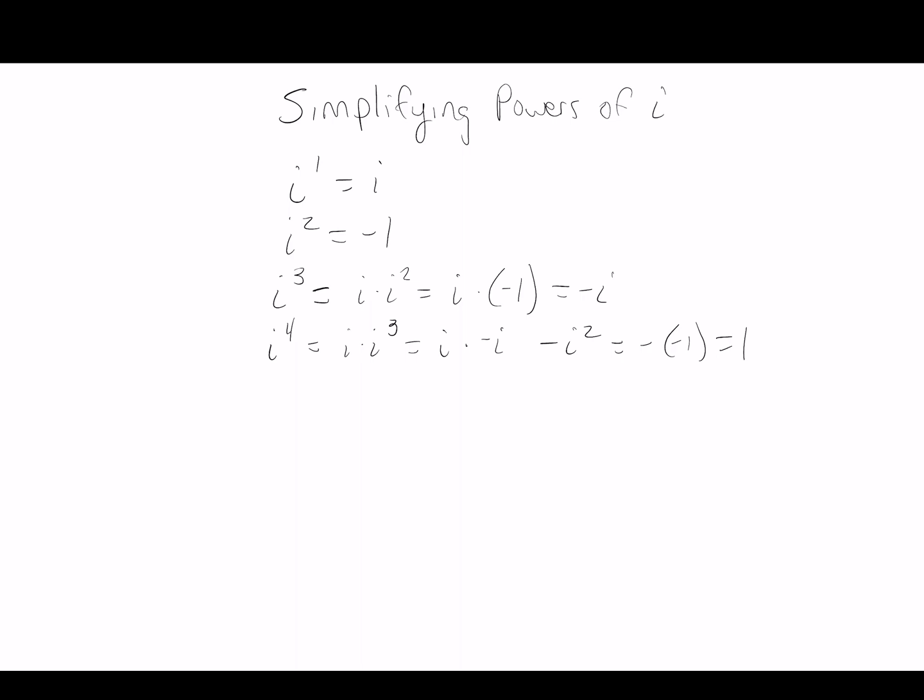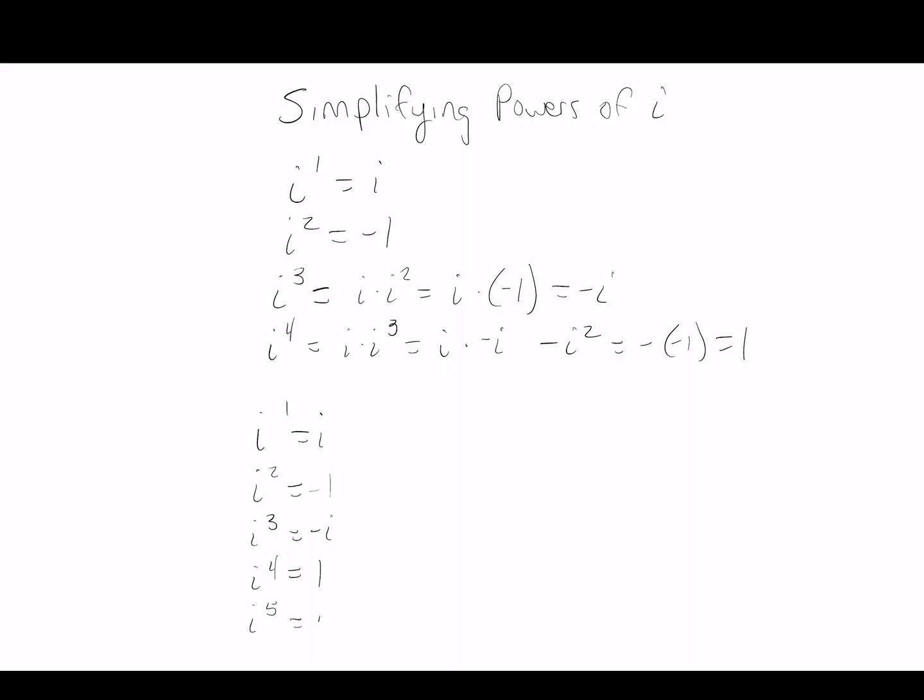So let's rewrite that one more time. i to the first power is i. i squared is negative 1. i to the third power is negative i. And i to the fourth power is 1. So what happens when we get to i to the fifth power?